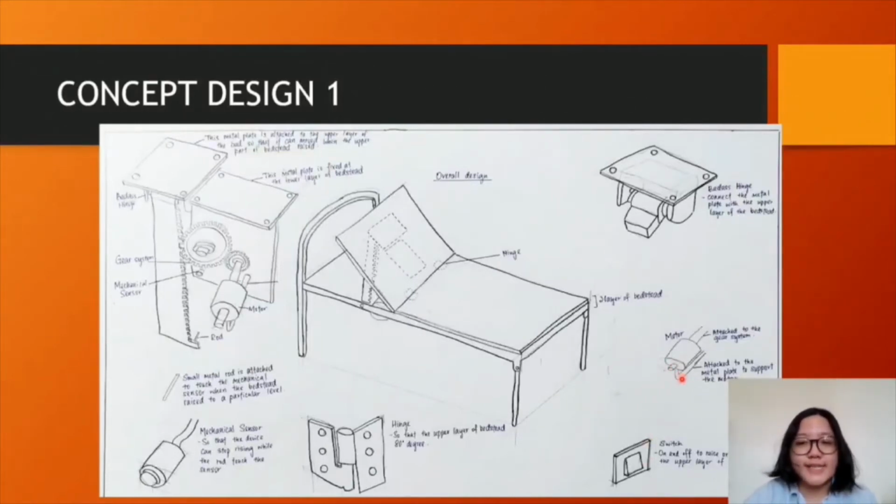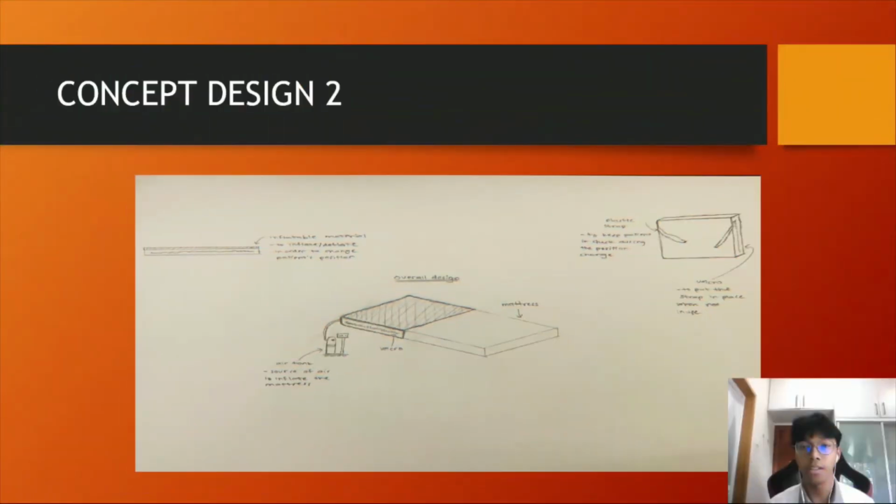The motor is connected with 2 metal rods. This one is attached to the gear system and the lower one is to support its weight and it is attached to this metal plate. This is the heavy duty hinge, the type used in order to connect this metal plate to this metal plate, which is attached to the upper layer of the metal plate. That's all for this concept design 1. This is my concept design.